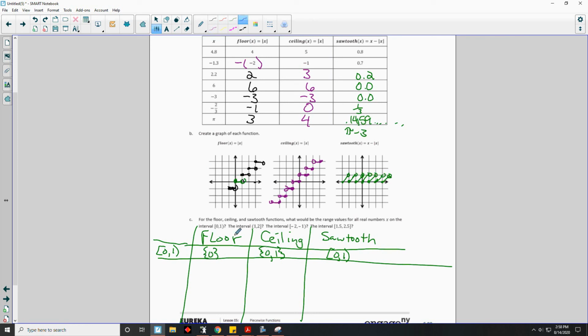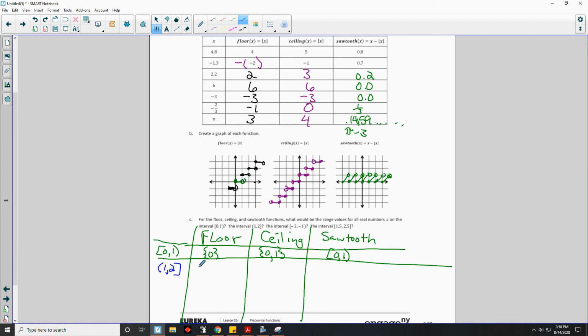Now we're going to do from the interval 1 to 2, inclusive. So we're starting at 1, but not including it on the floor, to 2. So not including 1 to 2, inclusive. Well, if we're anywhere here, we're at 1. But once we get to the number 2 and we're including it, it jumped up to 2.